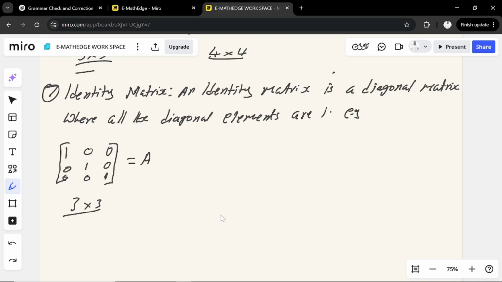That makes this matrix an identity matrix. Why? Because all the diagonal elements are 1, but every other element in the matrix is 0. So anytime you see such a matrix, note that it is an identity matrix.